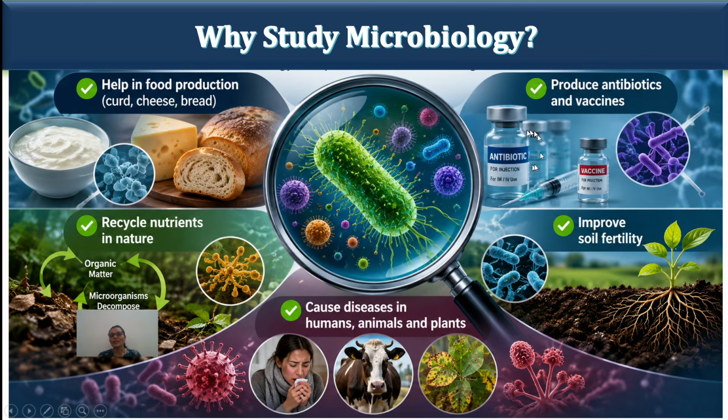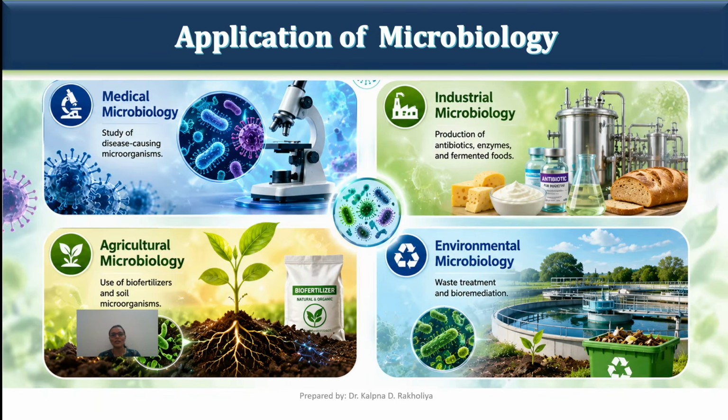They also produce various kinds of antibiotics and vaccines, so they have a role in the pharmacy industry, right? They recycle nutrients in nature and improve overall soil fertility, so they have a role in agriculture. They not only cause disease in humans but also in animals and plants. That's why it's important to study microbiology.